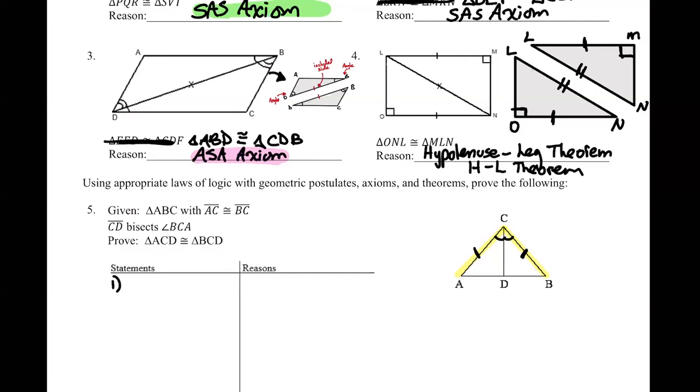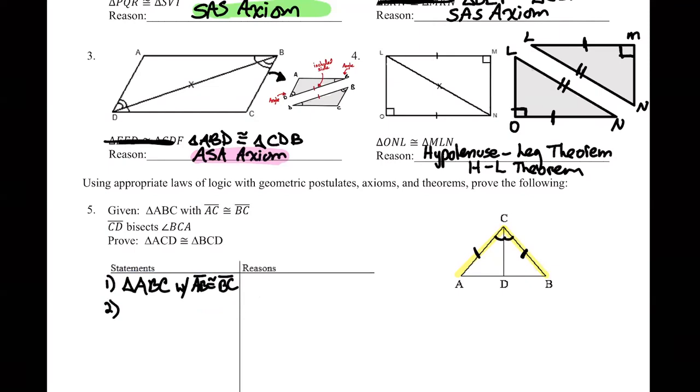So the first statement would be that we have triangle ABC. For some reason, I decided to let that triangle symbol be the A. Now triangle ABC with AC congruent to BC. So you get your given statements in there.